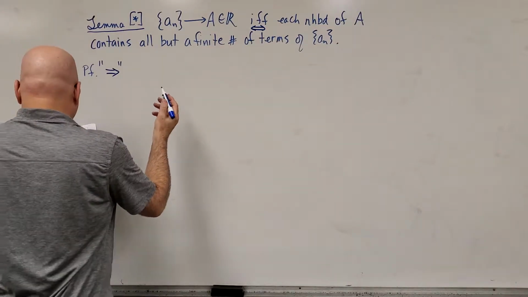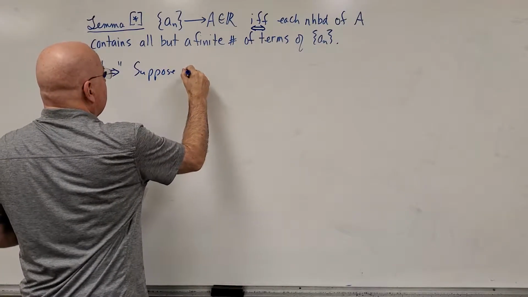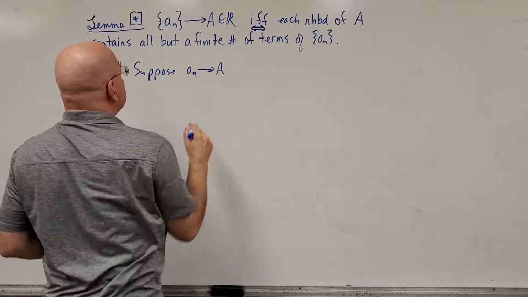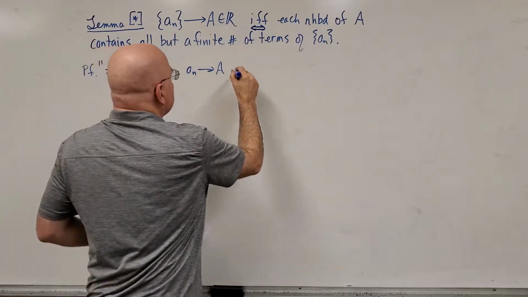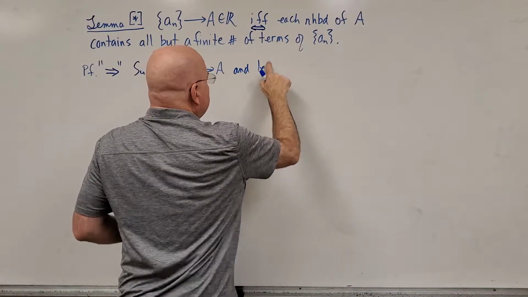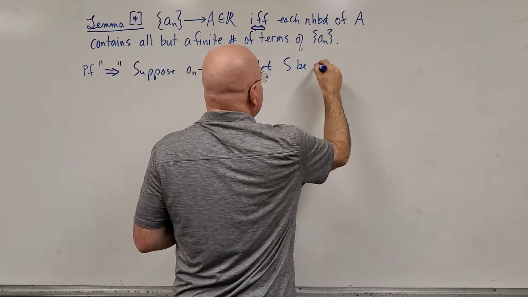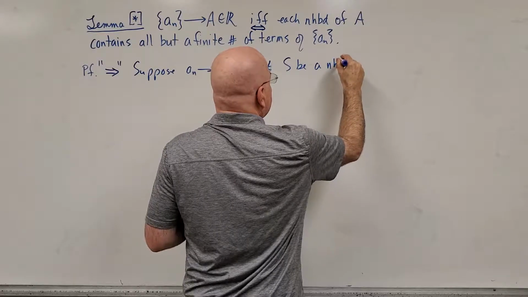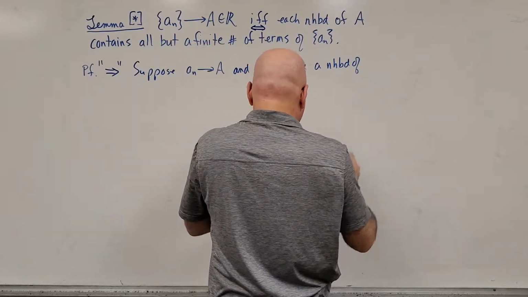Okay, so we're supposing that a_n converges to a. We're making that assumption. And let capital S be a neighborhood of a.